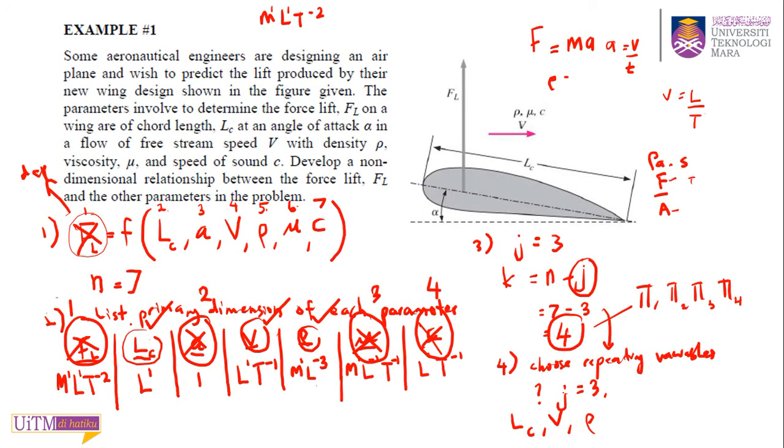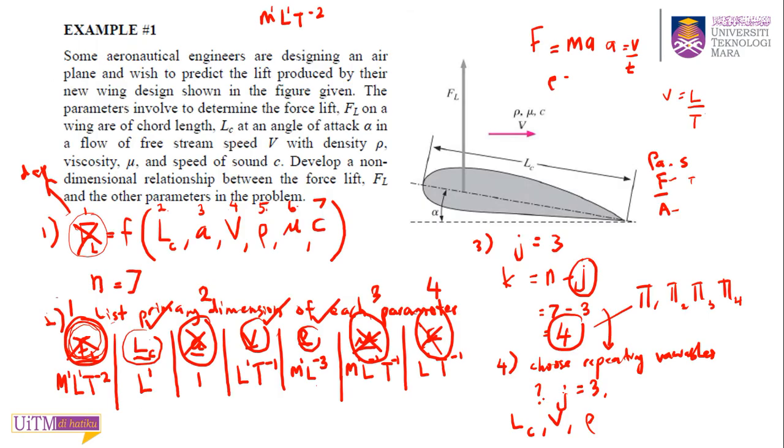So pi 1 equals the first unused parameter, the FL, times these 3 repeating variables V, L, and rho. You will write that in your first pi.